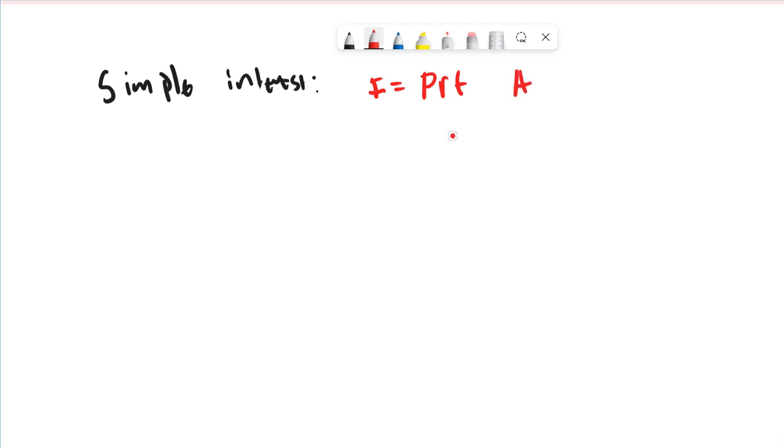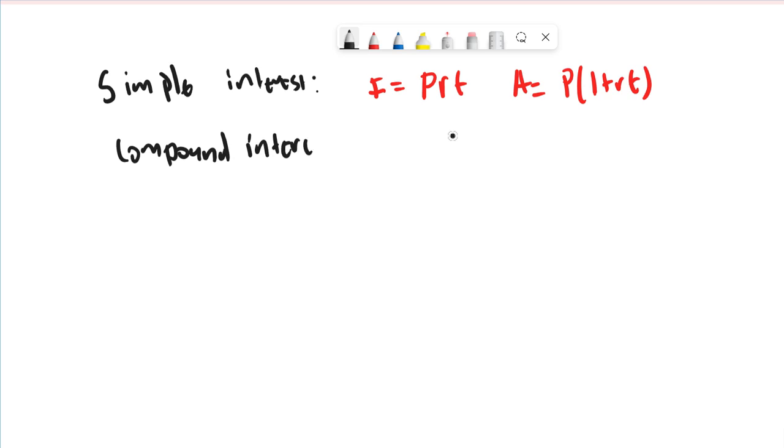So that means that if you want to find the future value in terms of simple interest, it's going to be P times 1 plus RT. And if you want to look at compound interest, well, compound interest is actually going to be a much larger computation relative to the simple interest because it's exponential in that sense.